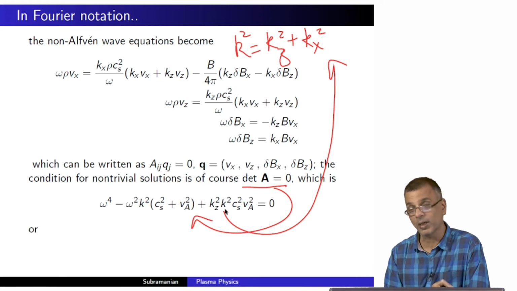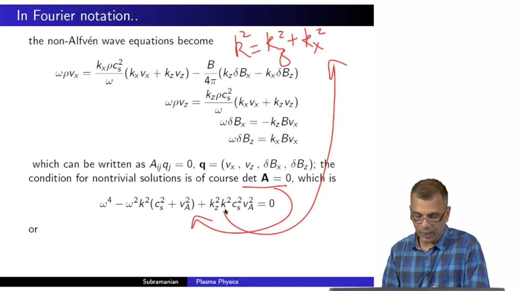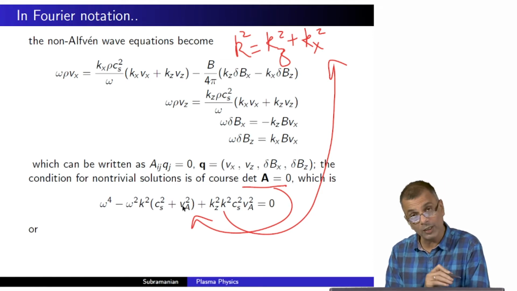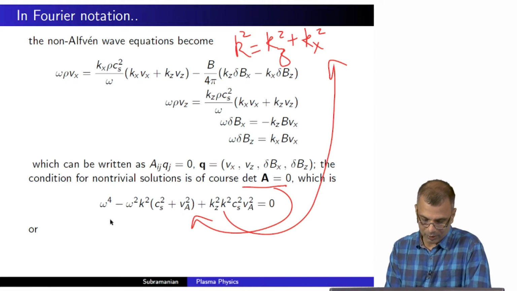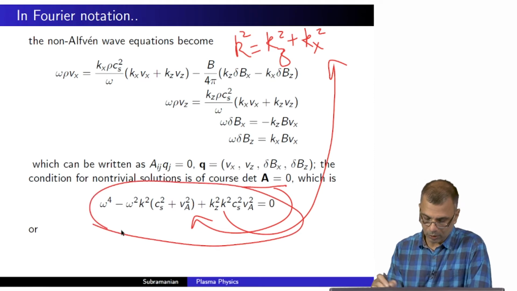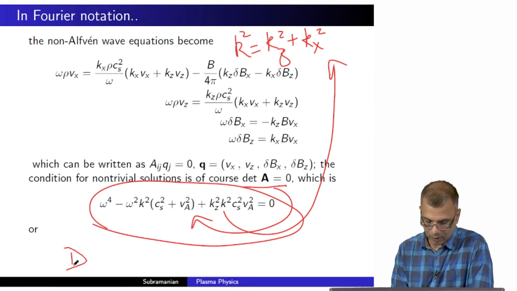That's what this k means. And we have made use of the sound speed as well as the Alfvén speed. Both of these quantities we've defined earlier. So this whole thing is the dispersion relation.